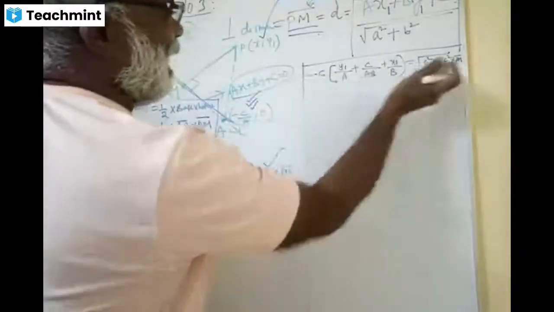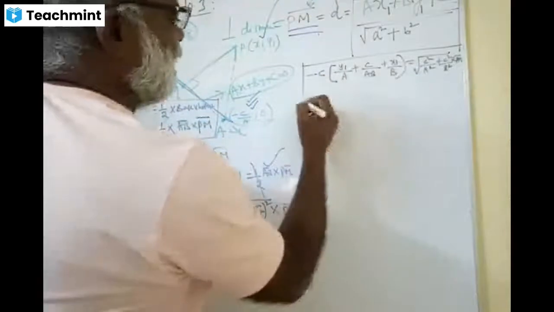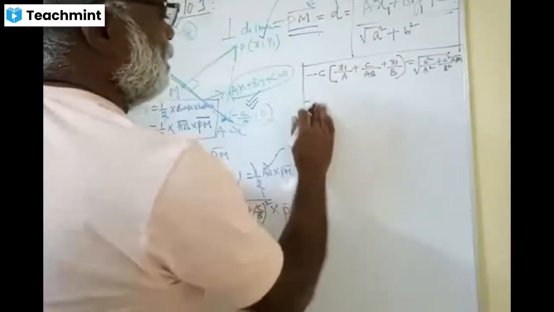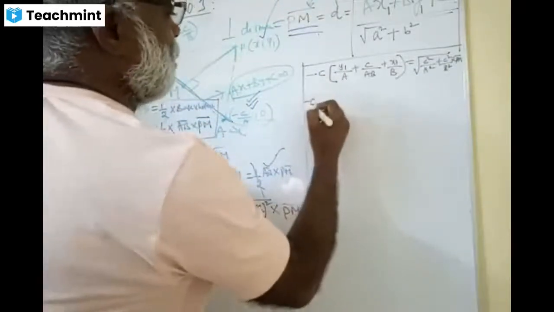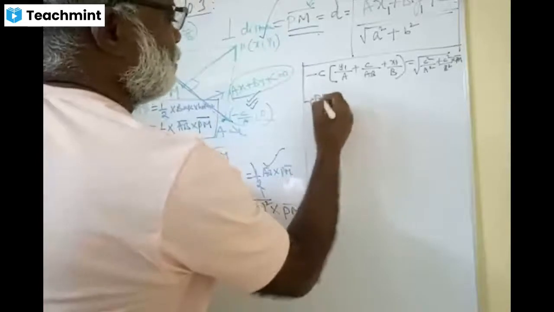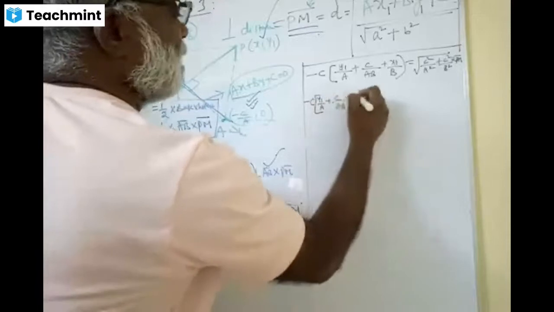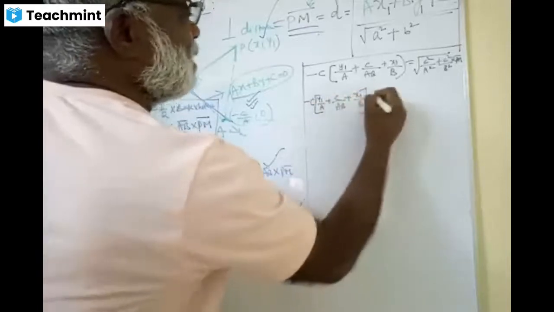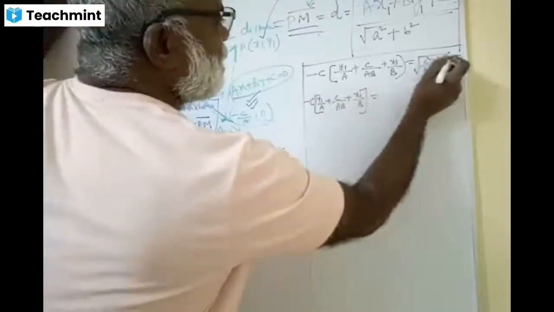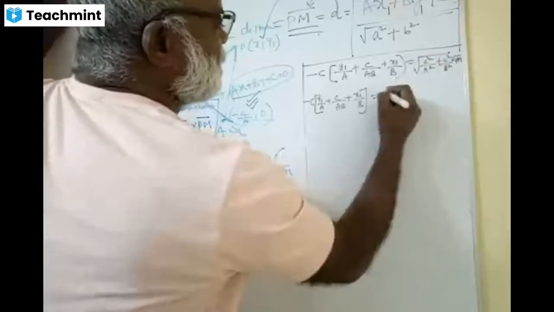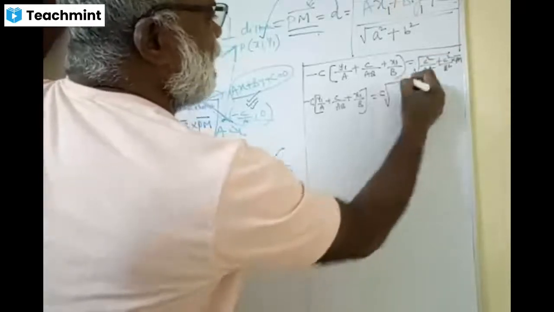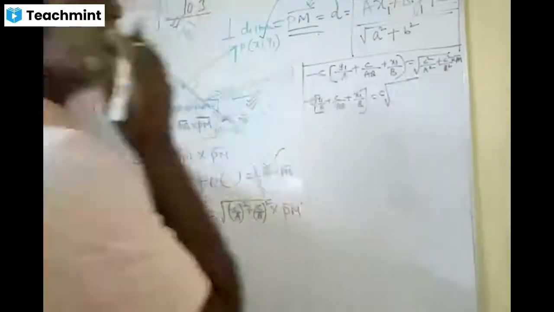Okay. I will write again now. Friends, here minus C. This handwriting is visible. Are you all able to see it? Yes, sir. Plus x1 by B, that's equal to, can we take C square common? If C square comes out of the square root, what does it become?